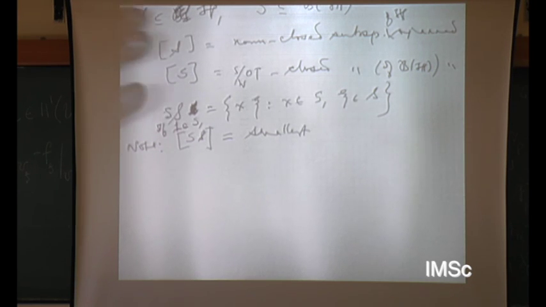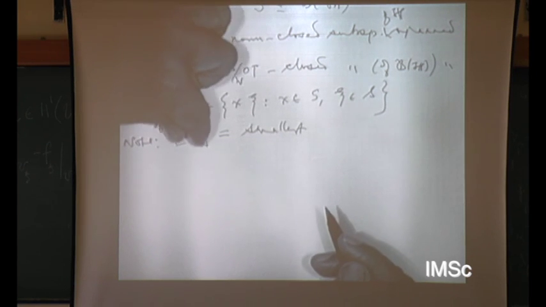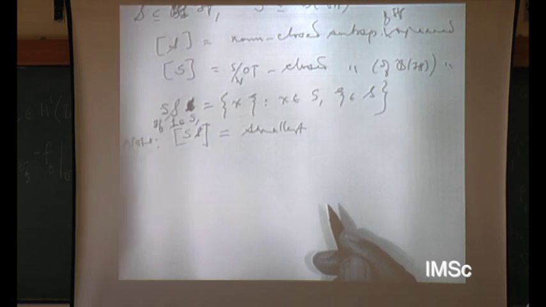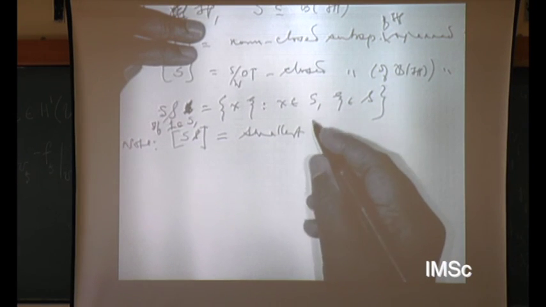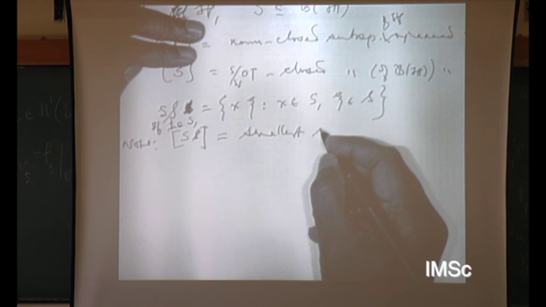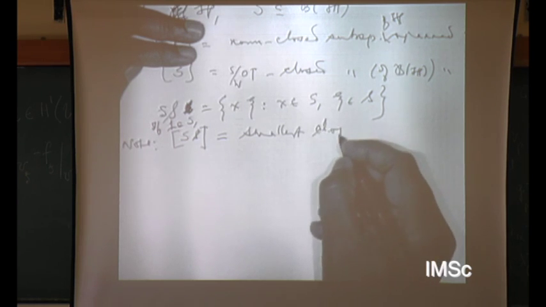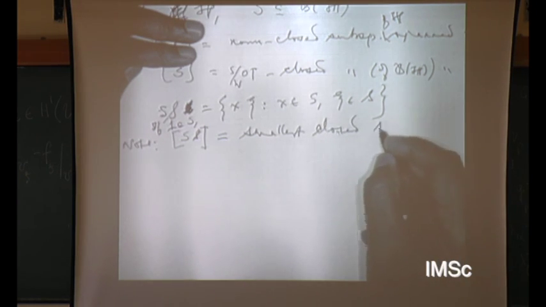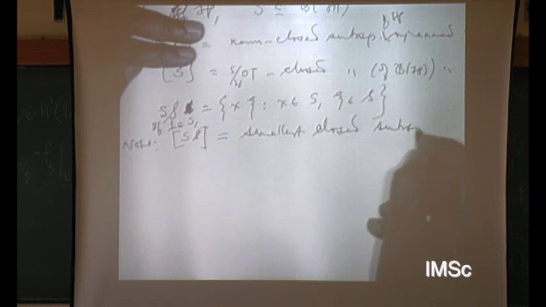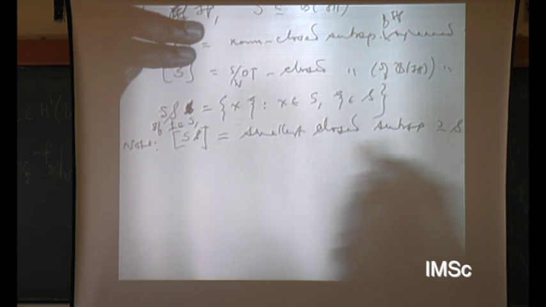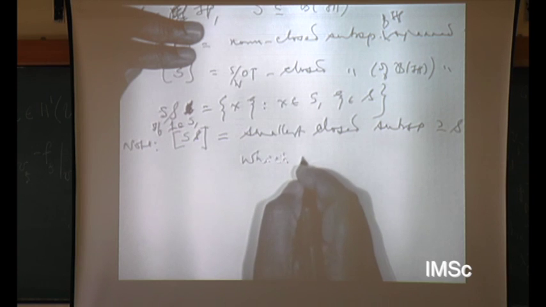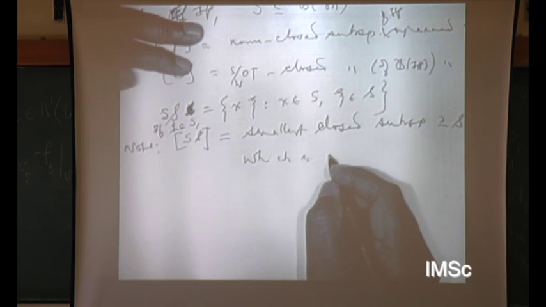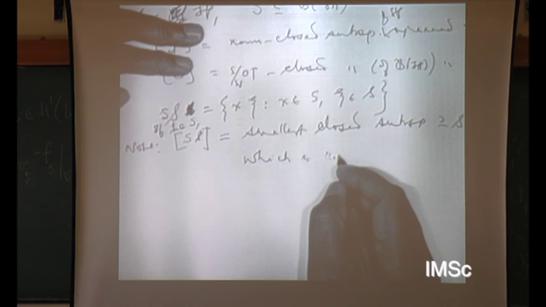I can take x equal to 1. That means this will be some closed subspace which will contain S. So it is the smallest closed subspace containing S, which is invariant for S.